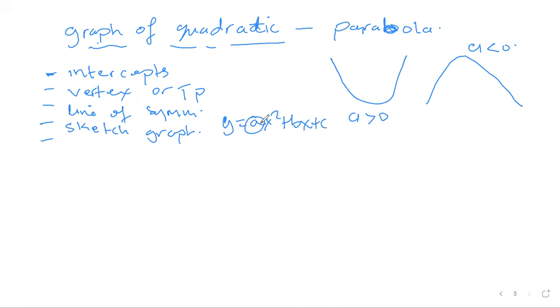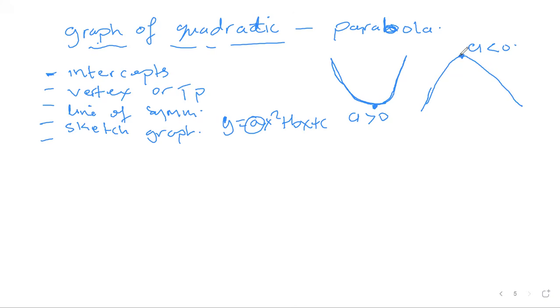When this a is negative, we have our parabola in this hill shape. And if a is positive, our parabola takes this valley shape here. And this point where it turns is called its turning point or vertex.